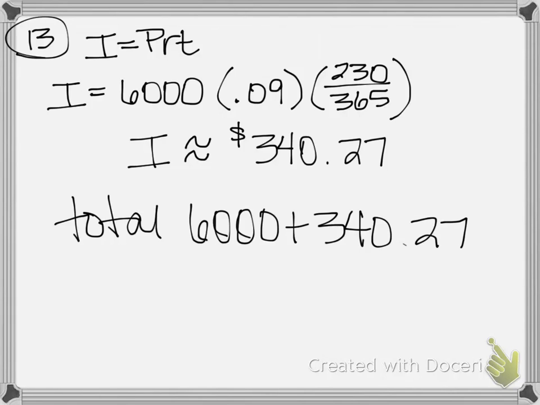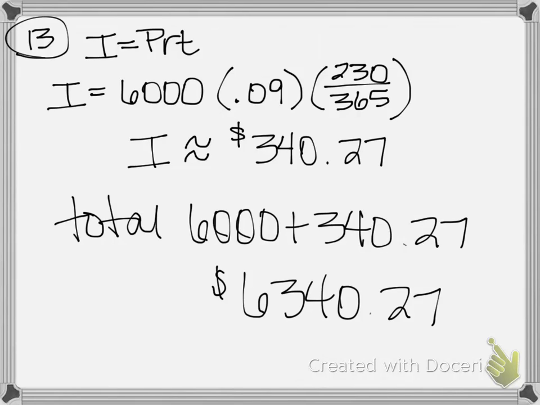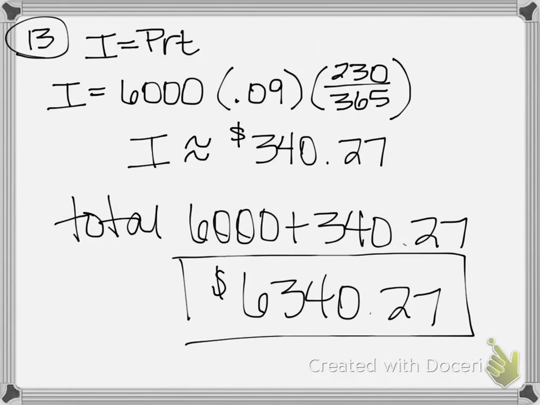So total, I am paying back $6,340.27. And since it asked me for the total, that's my total. The $340.27 is just how much interest. It's not the total that I'm paying back. So again, make sure that you're answering the question that's being asked.